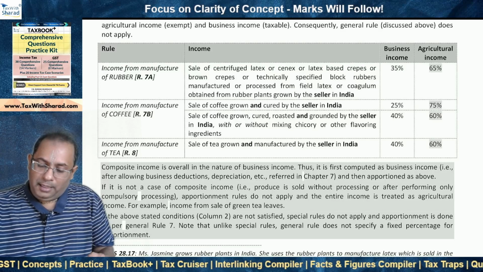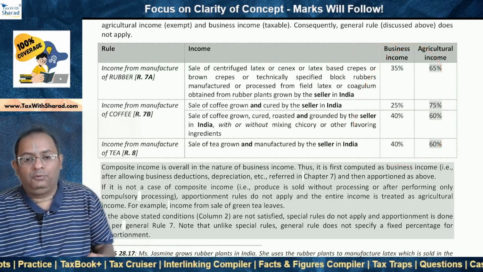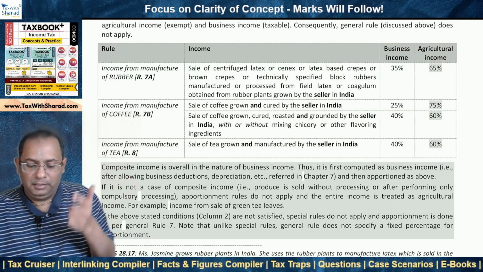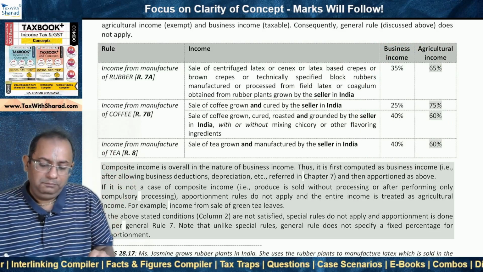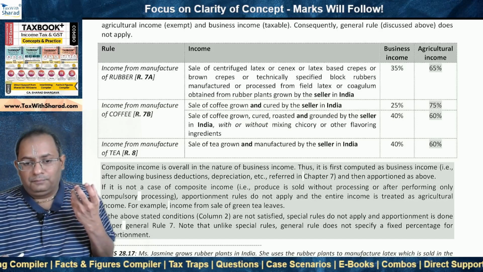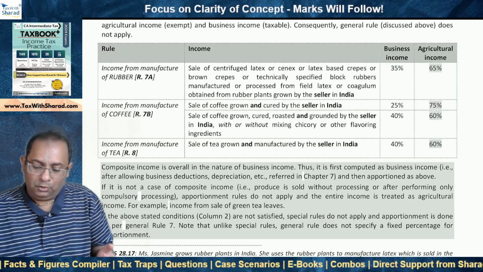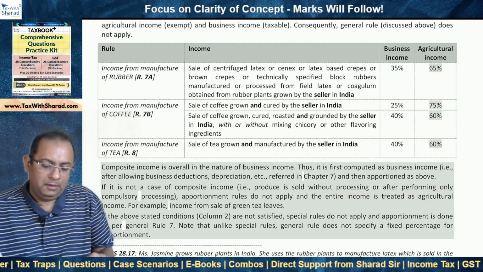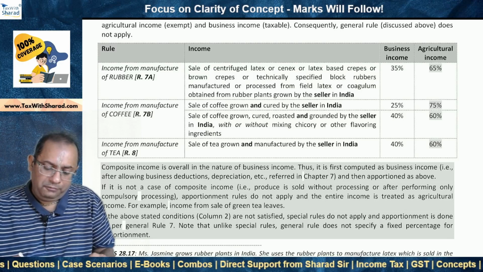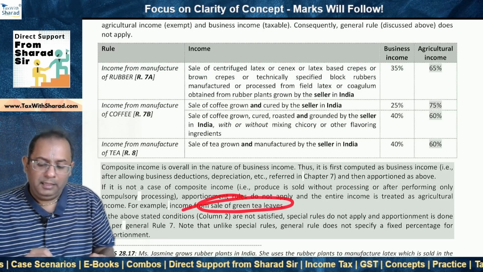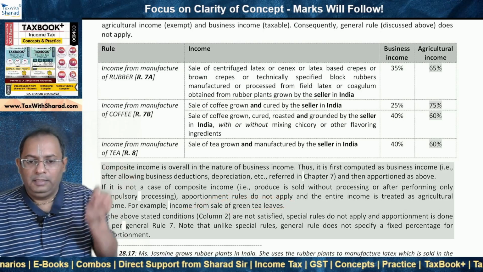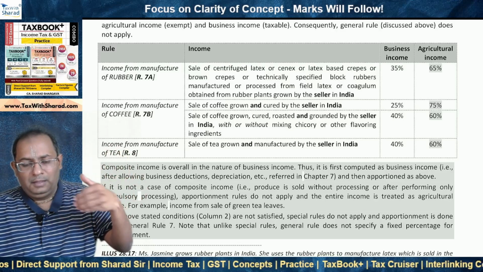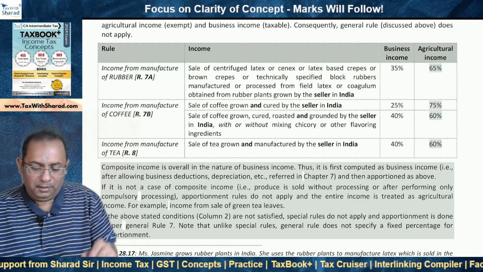Now it should be clear to us that we need to apply these apportionment rules only when the income is composite in nature. Same for general rule and same for special rules. So if the income is not composite income, it is sold without processing or after performing only compulsory processing, these rules do not apply. For example, if you simply sell the green tea leaves as such, you pluck the tea leaves and then you apply some compulsory processing, and then you sell the green tea leaves.